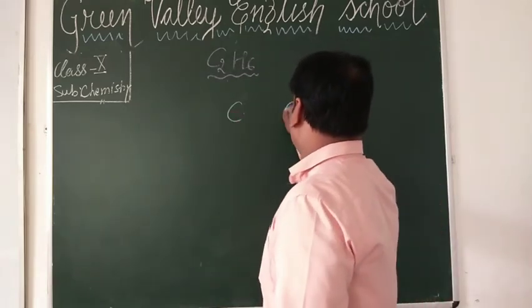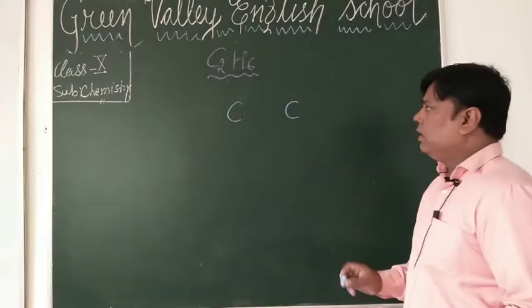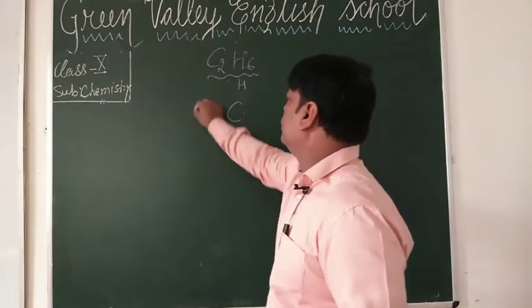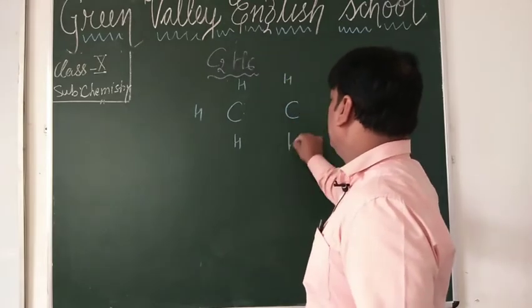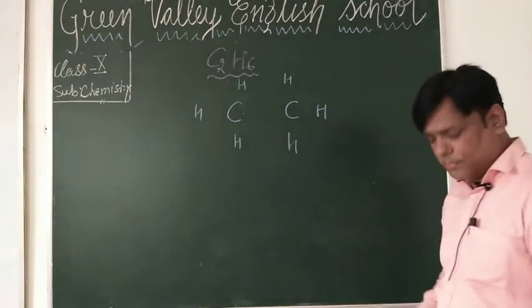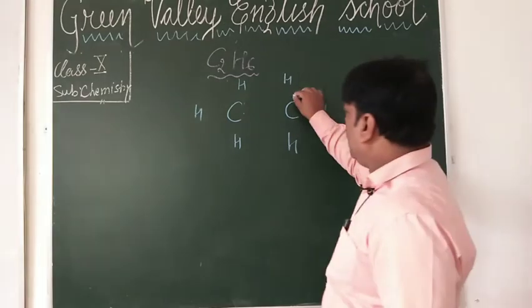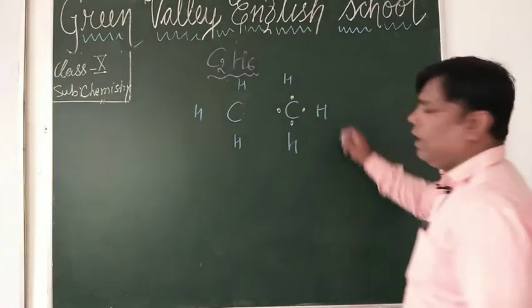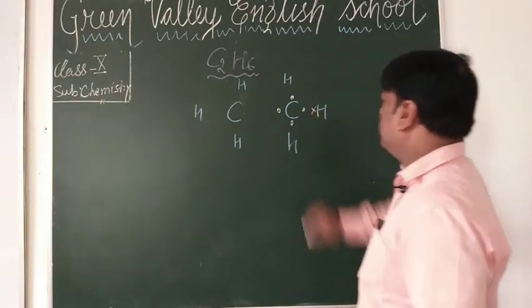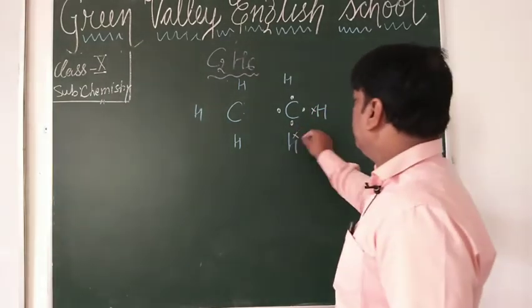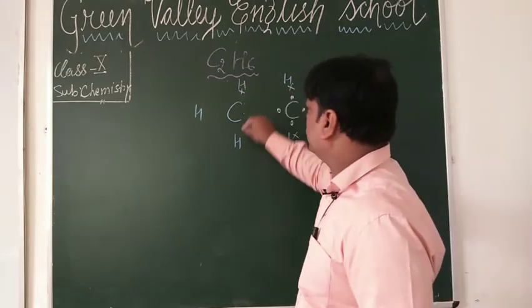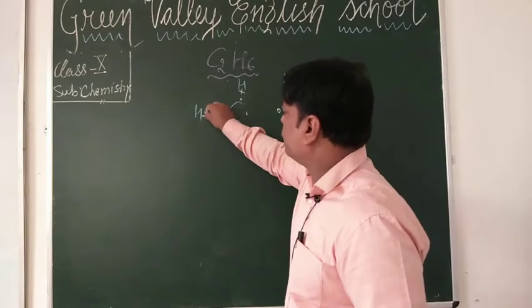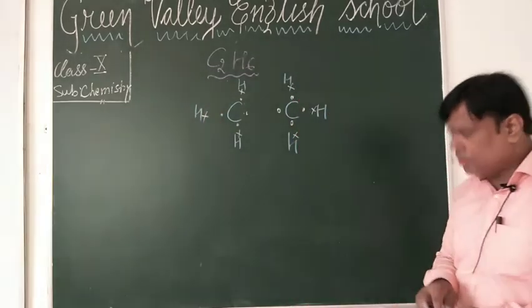2 carbon. And how much hydrogen? 6 hydrogen. 1, 2, 3, 4, 5, 6 hydrogen. In the outermost orbit, there are 4 electrons in carbon, and in case of hydrogen, 1 electron. Dot for carbon electron and cross for hydrogen electron.